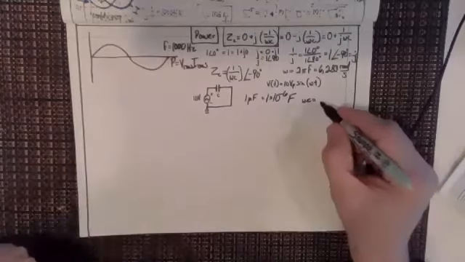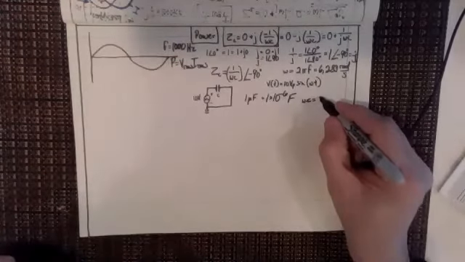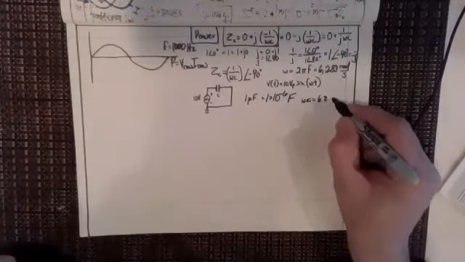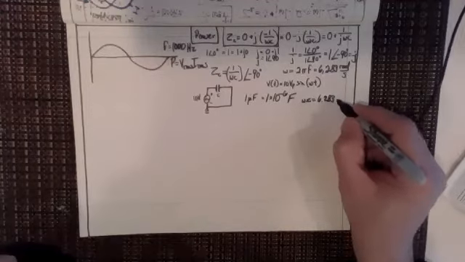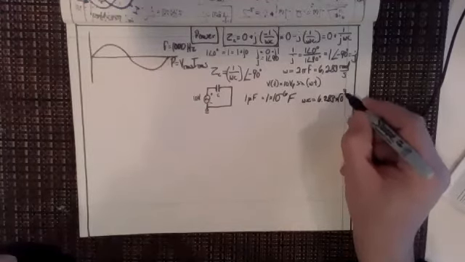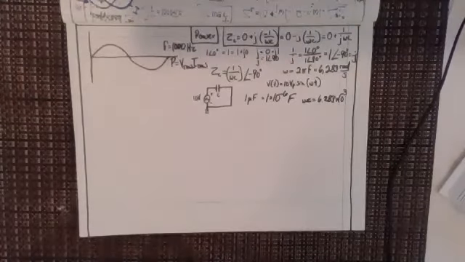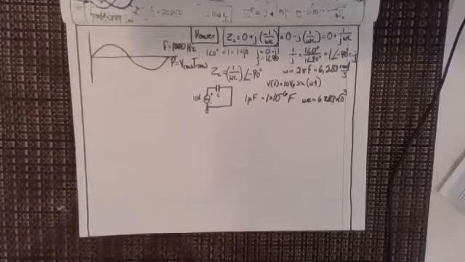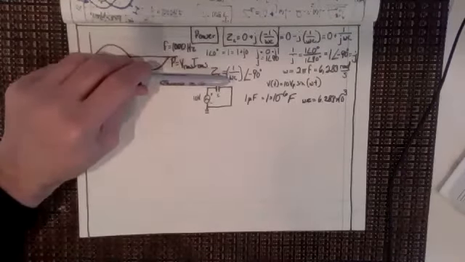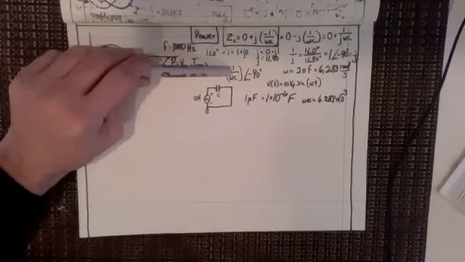I hope everybody sees that. So 6.283 times 10 to the minus 3, that's omega c. And then what is 1 over omega c, right? Because 1 over omega c we see is an ohm, isn't it?